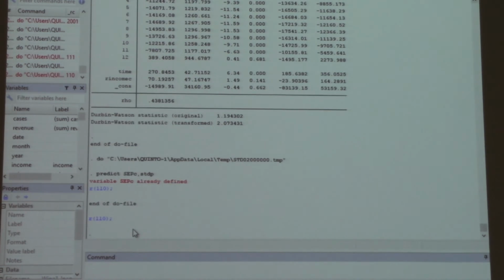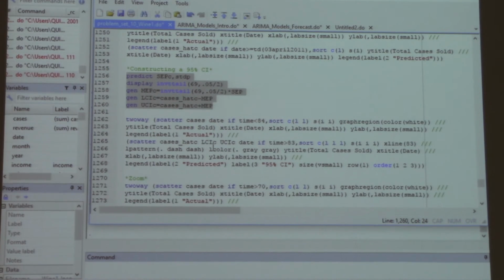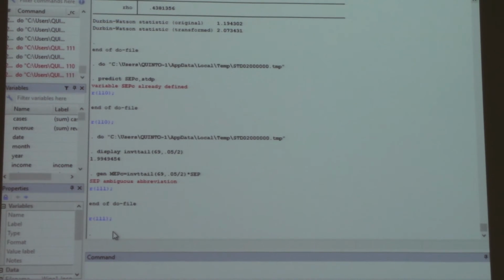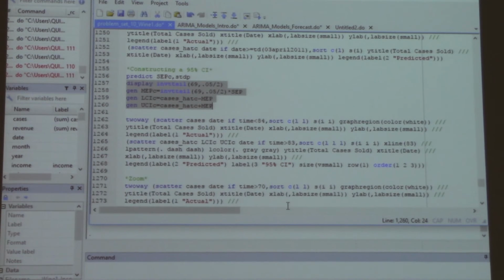Because it's SEPC above. Oh, it's already defined. All right. Okay. So I'm using SEP instead of SEPC. Let's see.